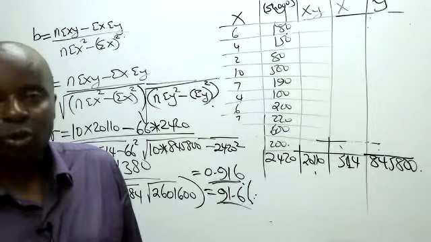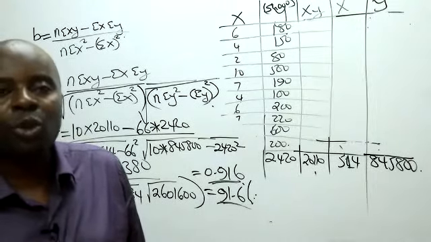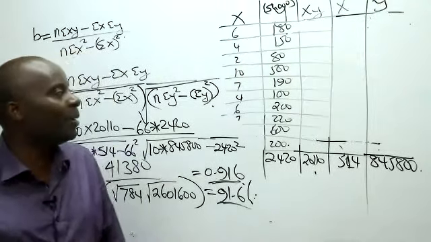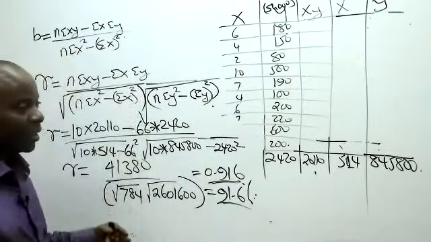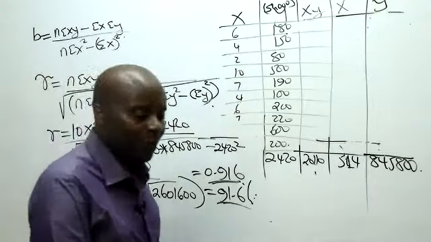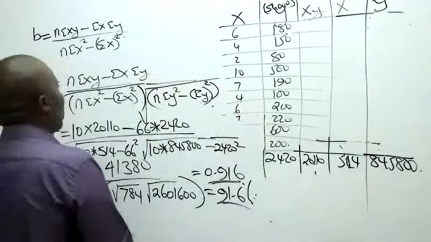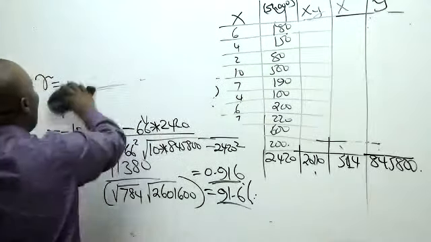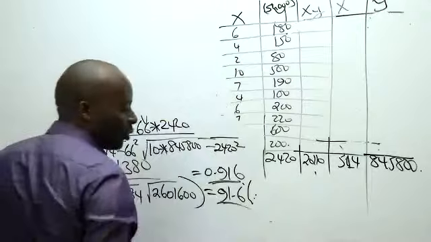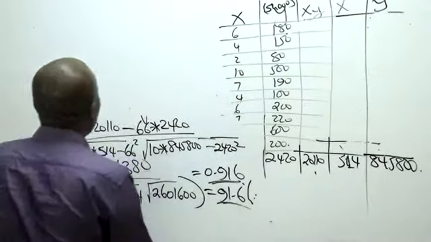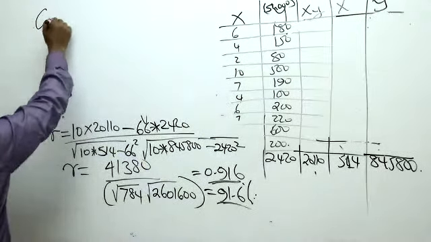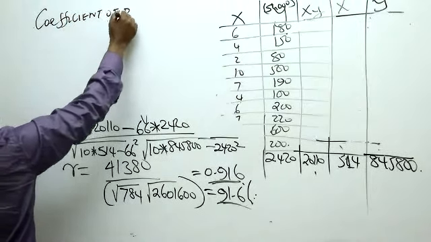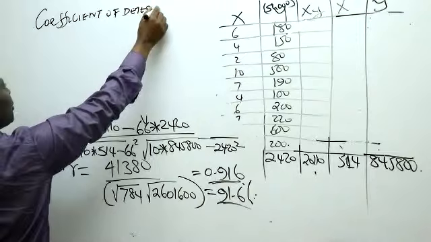And of course, out of these, I should be able to show you how to calculate what we call the coefficient of determination, the last one under this. How do we get the coefficient of determination out of the R you have computed?